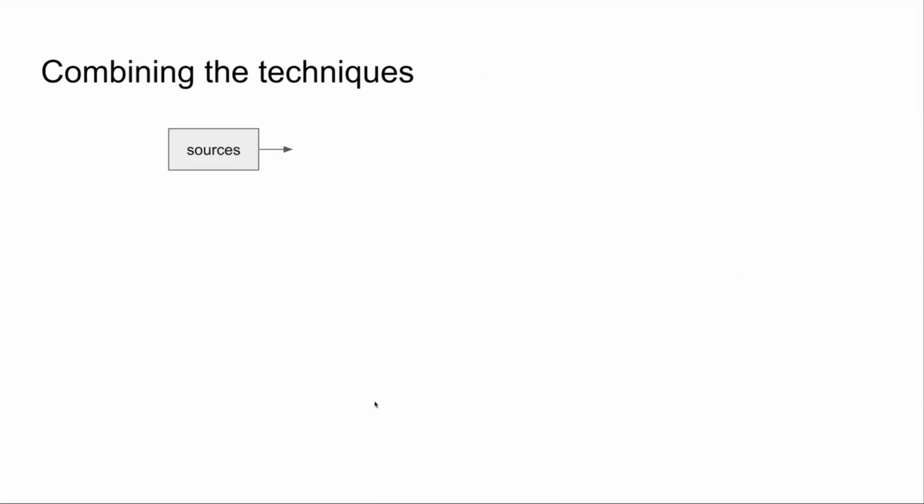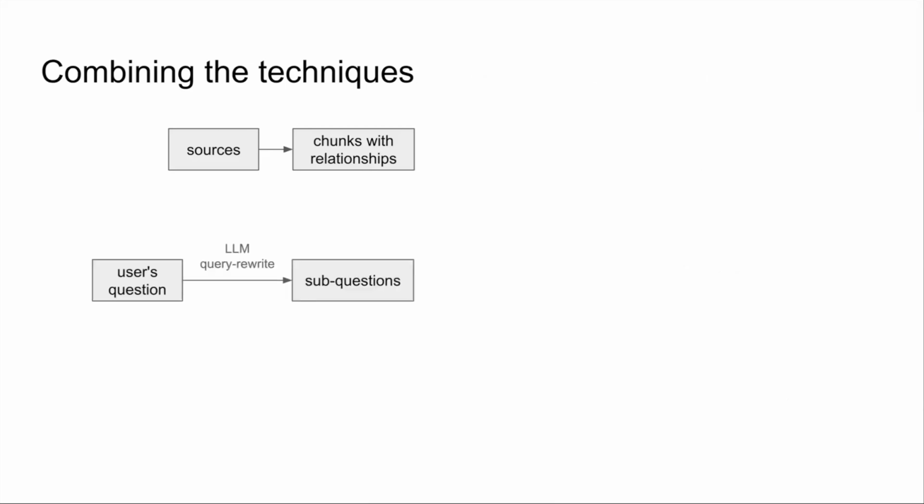Lastly, I just want to say you could actually combine these techniques. You don't have to use just one of them, and this is a combination that we've been using at Google. You have a source here, you chunk it up, and then let's say a user question comes in. You then do this multi-step query rewrite to break it down to sub-questions.